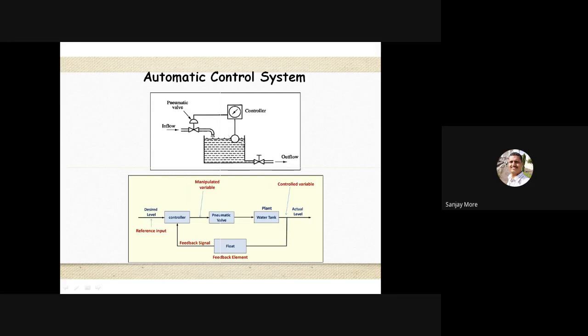When the water level reaches the mark, the float goes upward, the controller transfers this motion to the pneumatic valve, and the pneumatic valve automatically stops the water supply. Okay, this is also called a block diagram: the block diagram of the automatic control system with the water tank. Reference points: controller, pneumatic valve, water tank, float, and feedback signal.